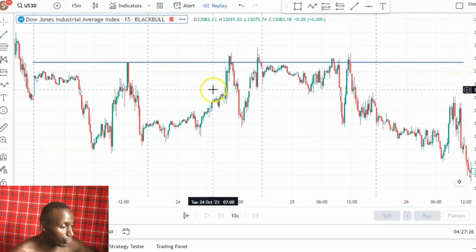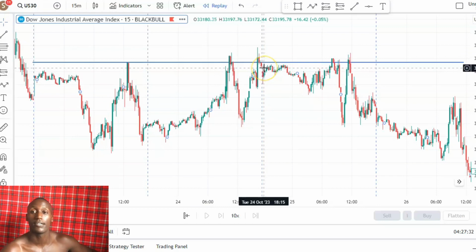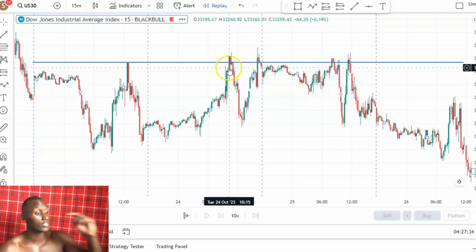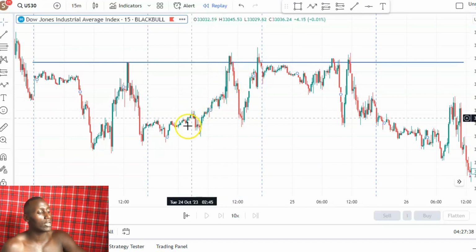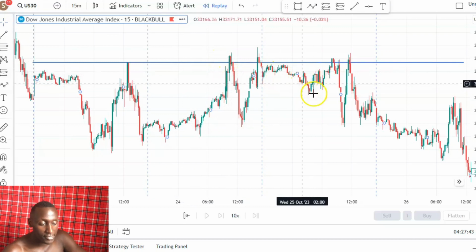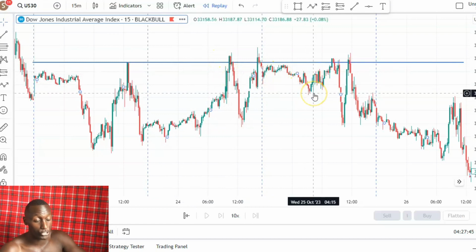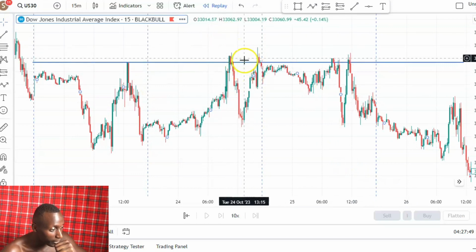Look at what happened on Tuesday. Price breaks out of the high and closes back inside of that range. So once you see this, at the back of your mind you start to think, oh, so now there is a high probability that on Wednesday price will continue going down because of this failed breakout.